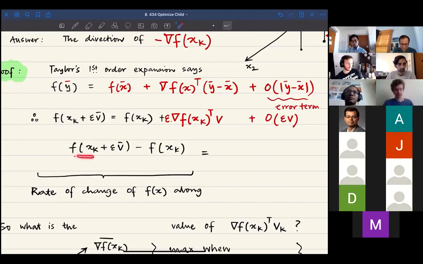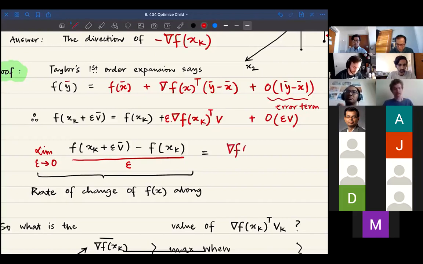So that means f of xk plus epsilon v minus f of xk. And this right side epsilon, I'm going to divide it here, and take the limit of epsilon to 0. This becomes equal to delta f xk transpose v. Agreed?